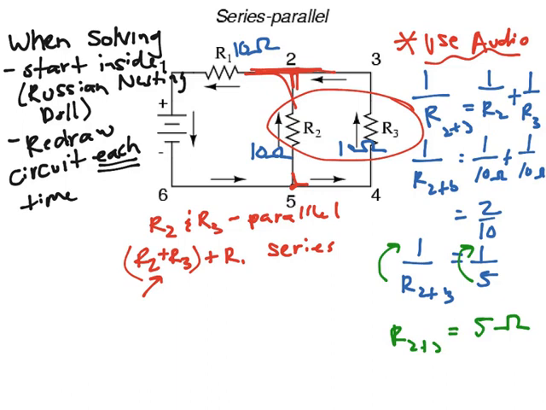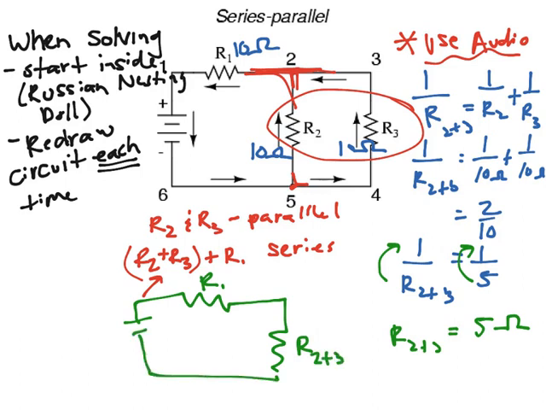So then when you redraw this, your R1 is still here. This is now your R2 and 3. And we now know this is a 5 ohm resistor and this is a 10 ohm resistor. And now these are in series. So now you just get to add them.